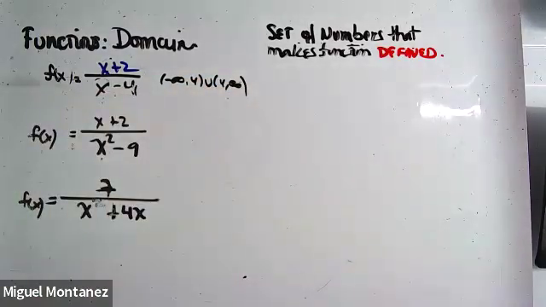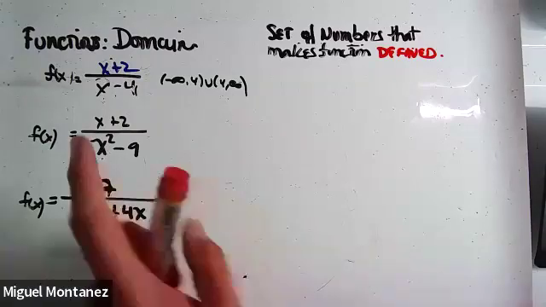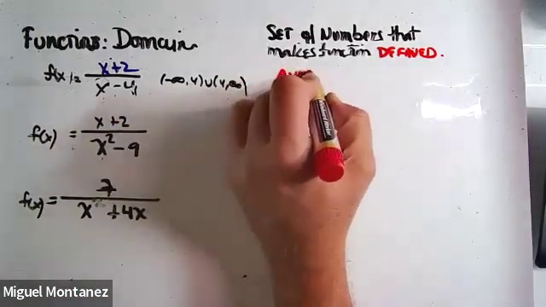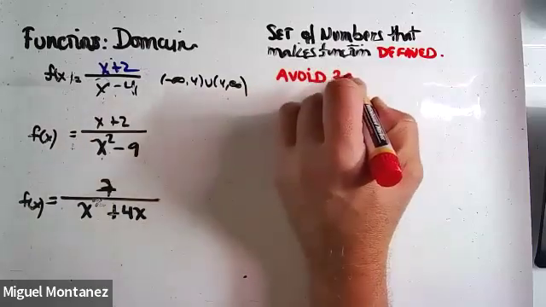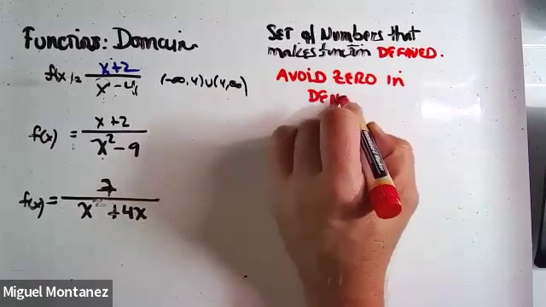And I believe we can write the rule now that if I have a rational function, we need to avoid 0 in the denominator.